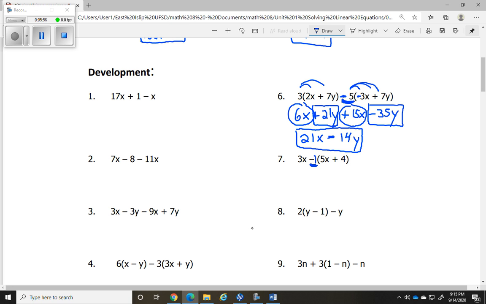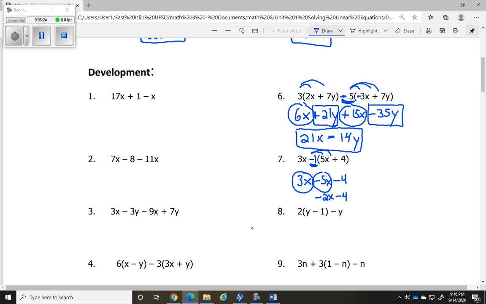So I'm not going to touch the 3x yet, but I am going to distribute this negative 1 to get negative 5x, which makes me write minus 5x, and negative 1 times 4 is a negative 4, so it makes me write a minus 4. I combine like terms. 3x and negative 5x is a negative 2x minus 4.